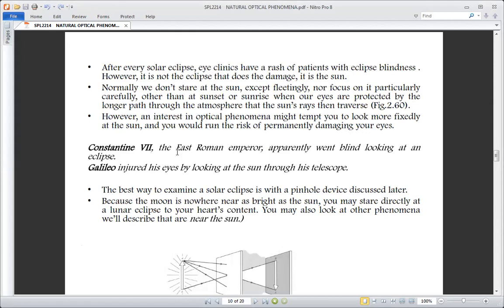So please do not stare at the sun directly for a long time. The best way to observe a solar eclipse is using a pinhole. When you use a pinhole camera, you are able to see the image of the eclipse on a screen rather than looking at it directly.